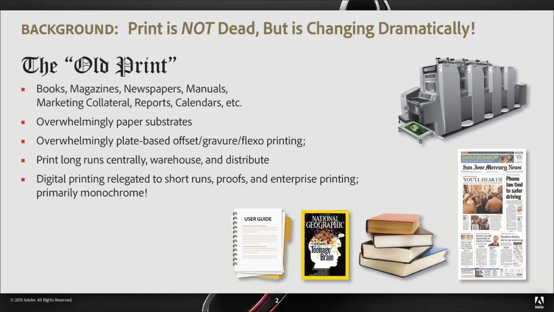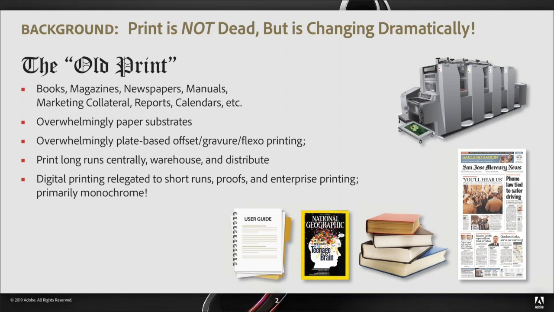Okay, let's give a little bit of background. First of all, print is not dead, but is changing dramatically. You have the old print. These are things that we used to love and think about when we talked about print, typically books, magazines, newspapers, manuals, marketing collaterals, all these types of things. There's overwhelmingly paper substrates.